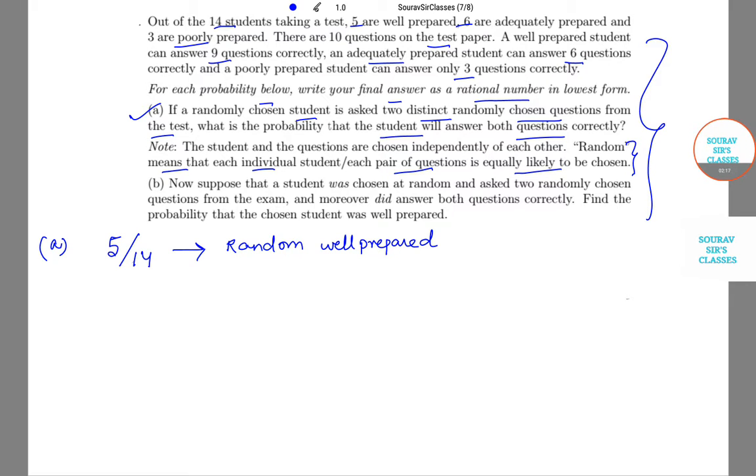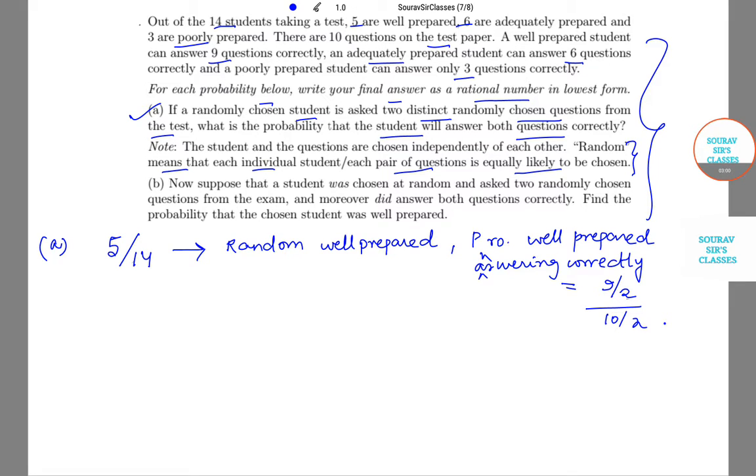And the probability that a well prepared student answers 2 random questions correctly will be 9C2 by 10C2.